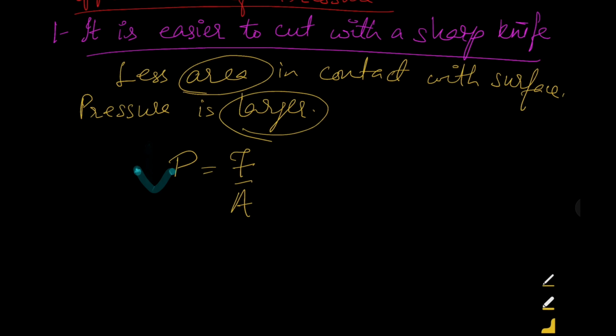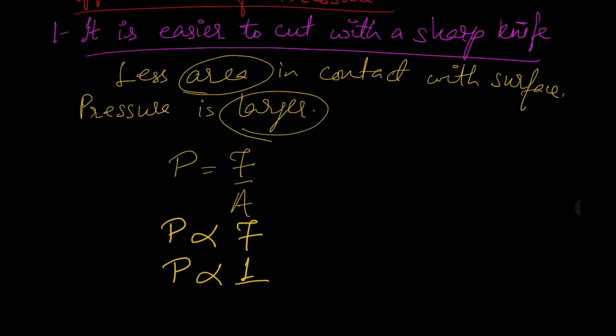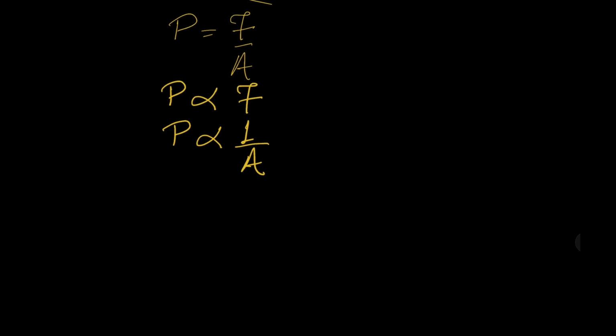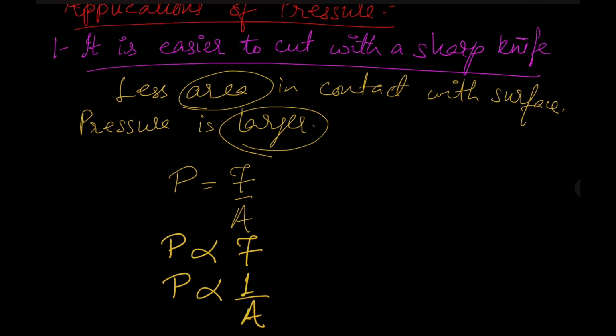So pressure is directly proportional to force and inversely proportional to area. When force increases, pressure increases, and if area decreases, pressure increases. I hope this is simple. Since the area is less when it is a sharp knife, the pressure is large.